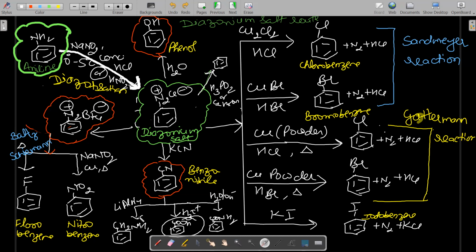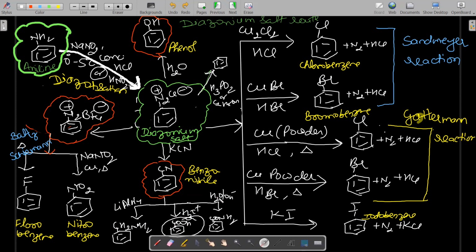And this cyanide has three types of important reaction. Reduction, in which CN converts into CH2NH2, which is called benzylamine. Second, hydrolysis. Hydrolysis is again of two types: complete hydrolysis, where cyanide converts into carboxylic acid, that is benzoic acid.